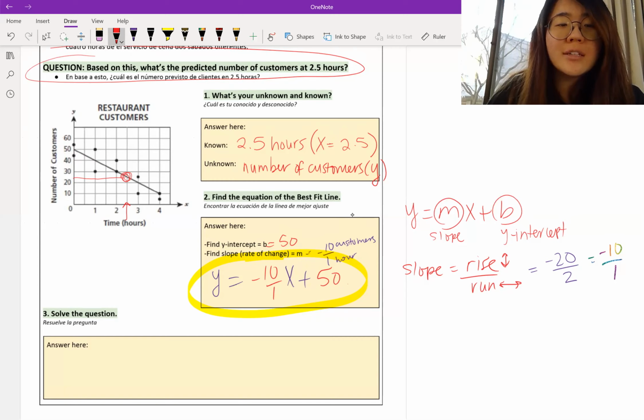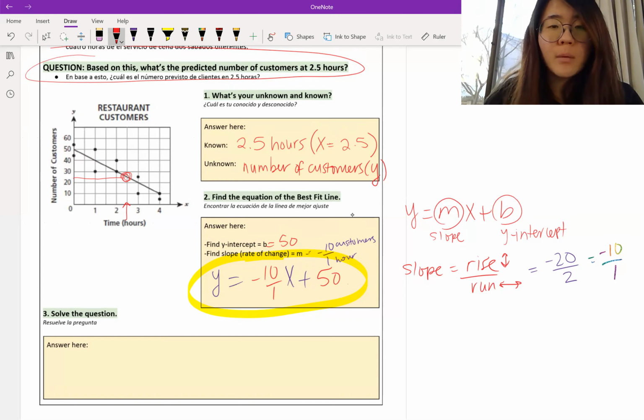I could say that it looks like a certain number, but there's no way for me to give a specific number based on a graph.